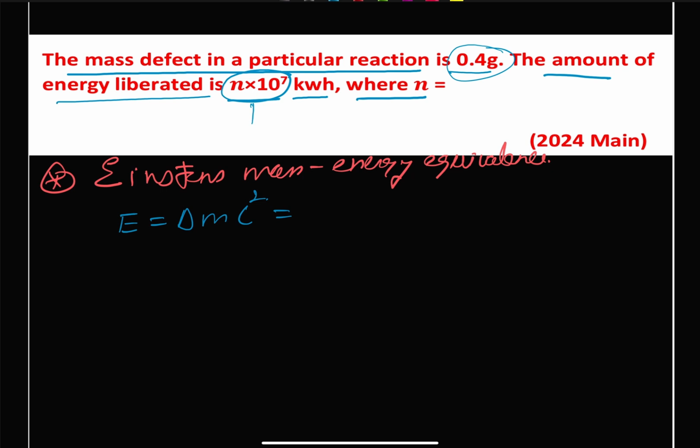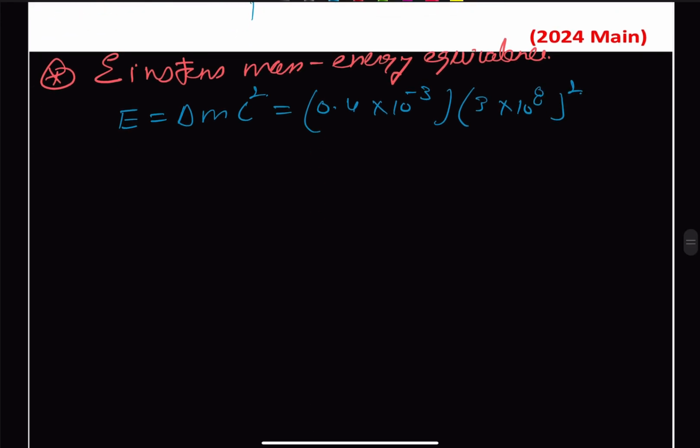So this will be equal to 0.4 into 10 to the power minus 3 kg, and speed of light is 3 into 10 to the power 8, whole square. So we get our energy is equal to 3.6 into 10 to the power 13 joule.